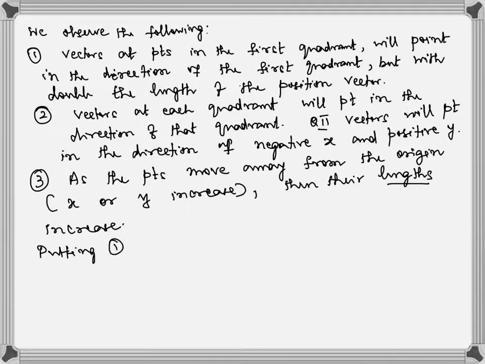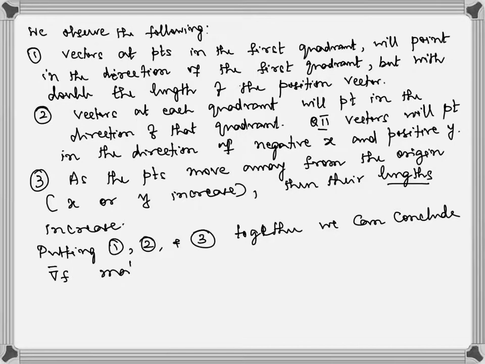So we have these observations. Putting these observations together, we notice that the best match for the gradient vector field is graph number 3. Hope this video helps.